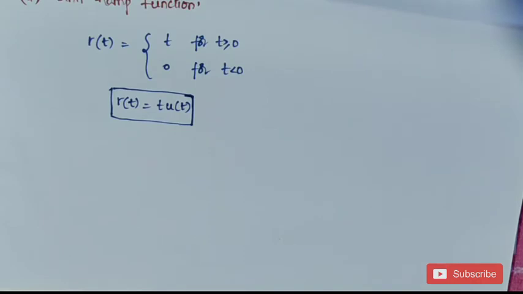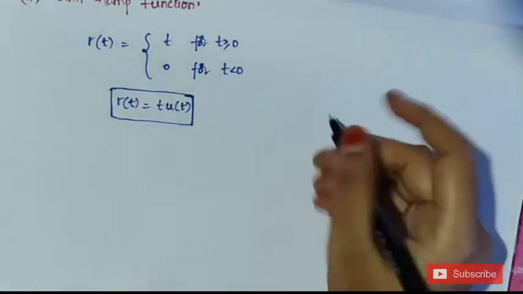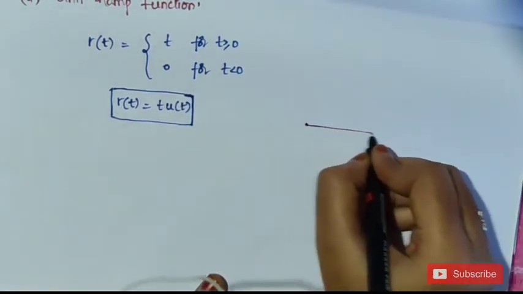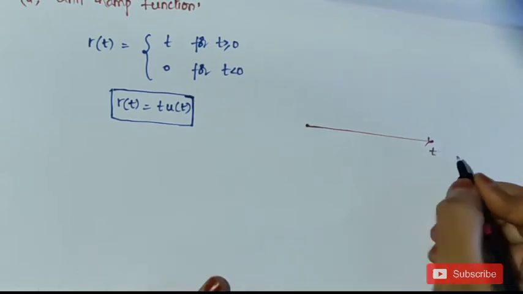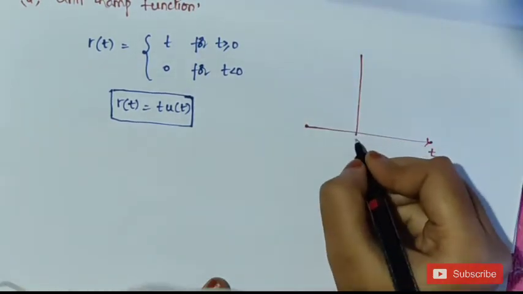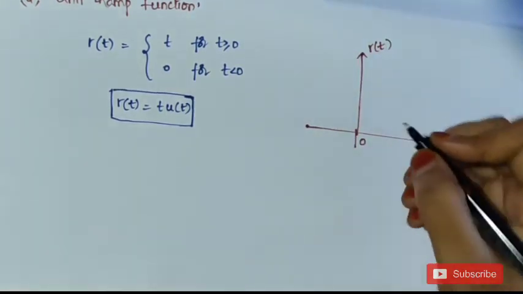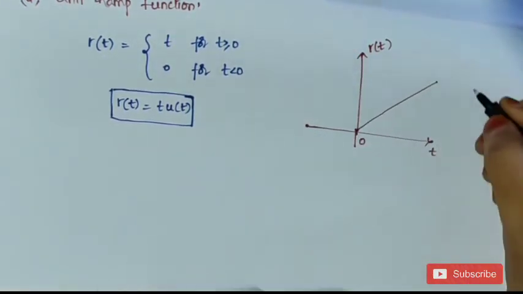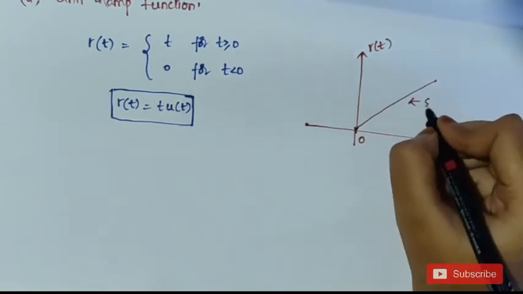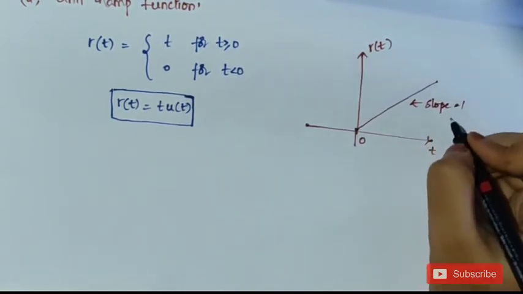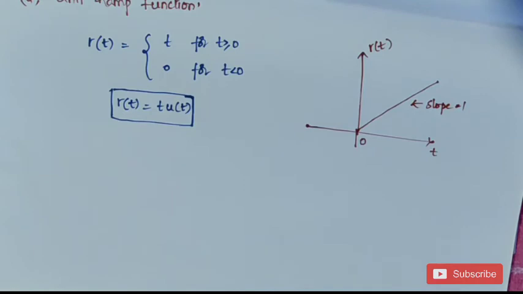If we draw the signal for r of t, then it will be like this. The slope of the signal is 1. This is about the unit ramp function.